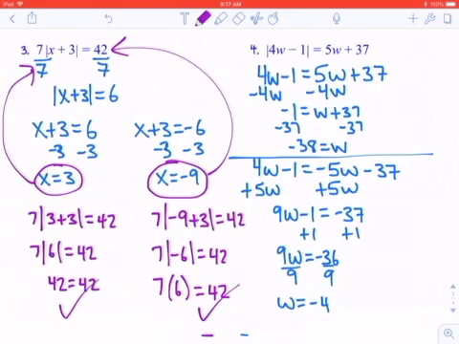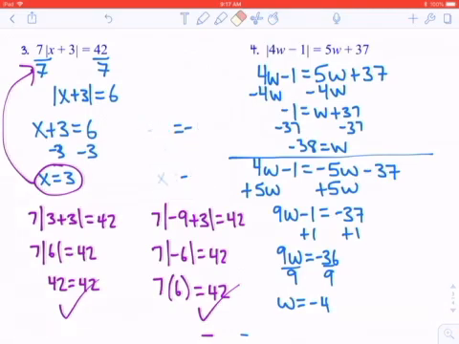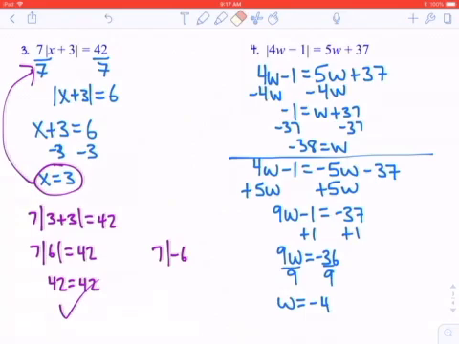I'm going to erase number 3 to give me some space over here, or at least part of number 3. Okay, so if I check my solution, remember we got to go back to the original problem, and I'm going to plug in negative 38 for w.